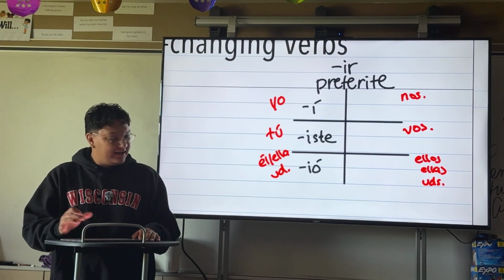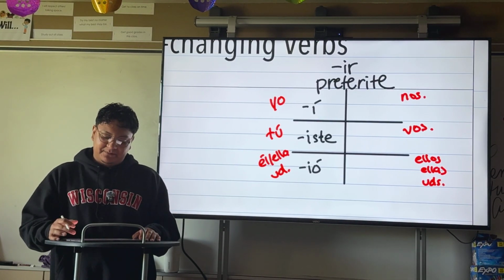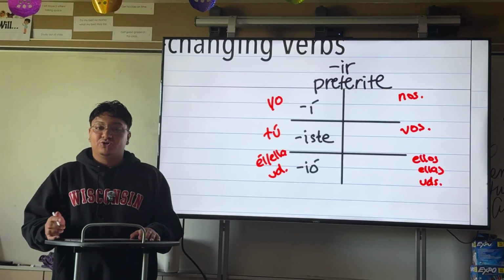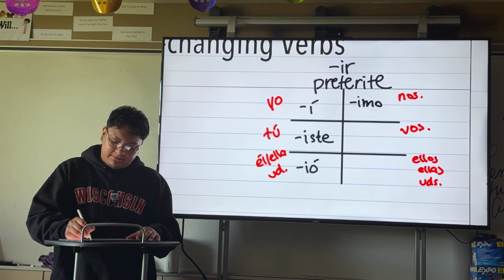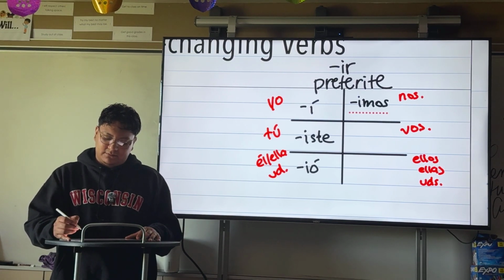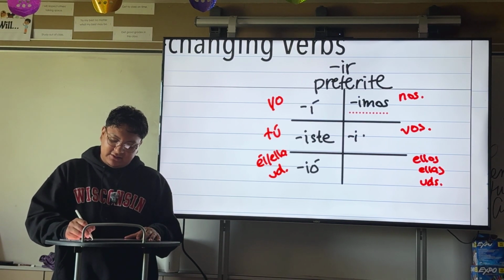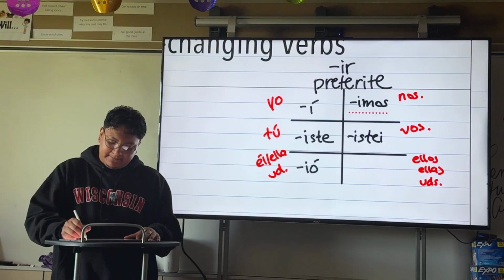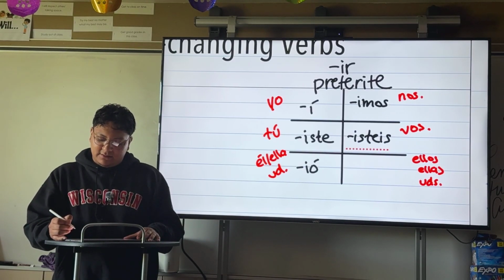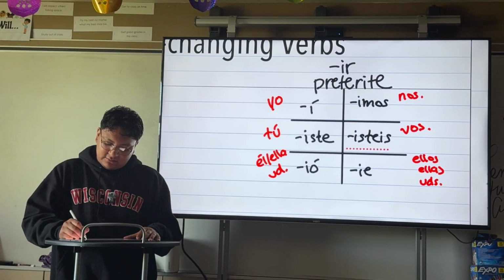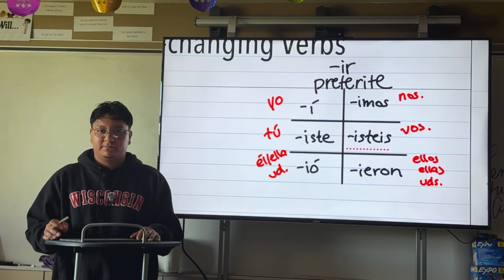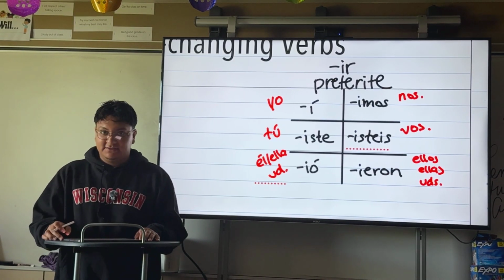So the letter I and O with a tilde. Nosotros, imos, vosotros, isteis, and ellos, ellas, ustedes, ieron. Sounds good?